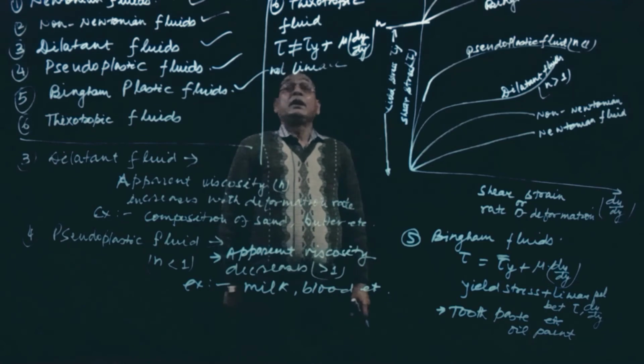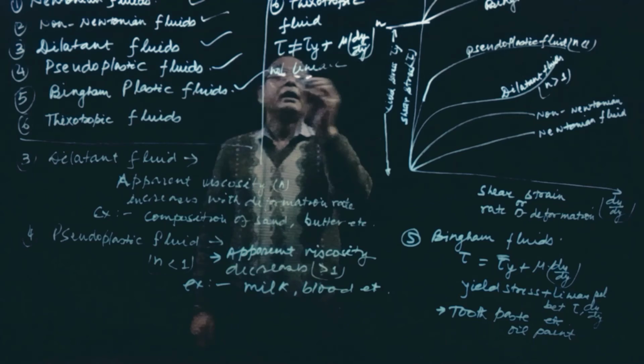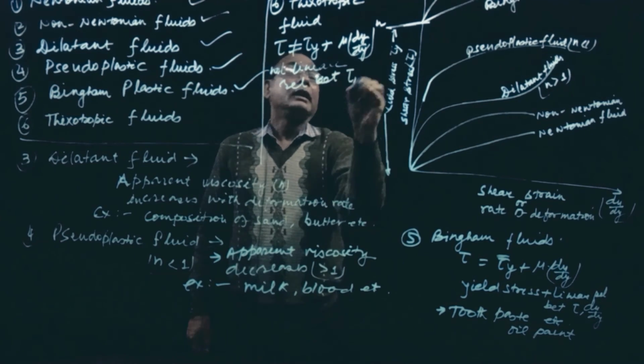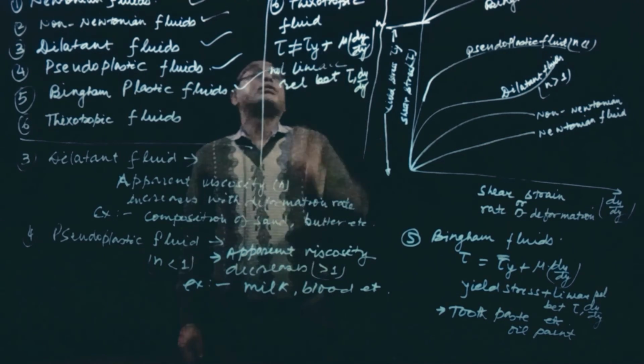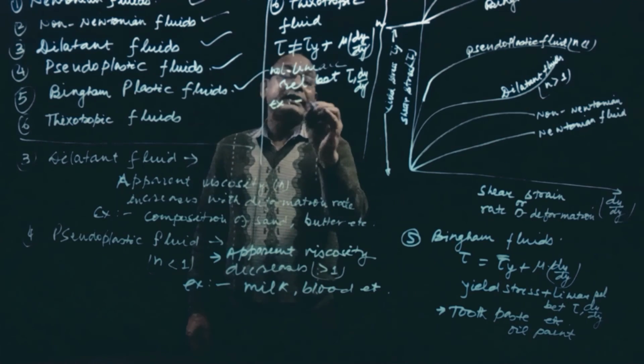In thixotropic fluids, it is not a linear relation between tau and du by dy. That type of fluid is called thixotropic fluid. For example, printer ink.